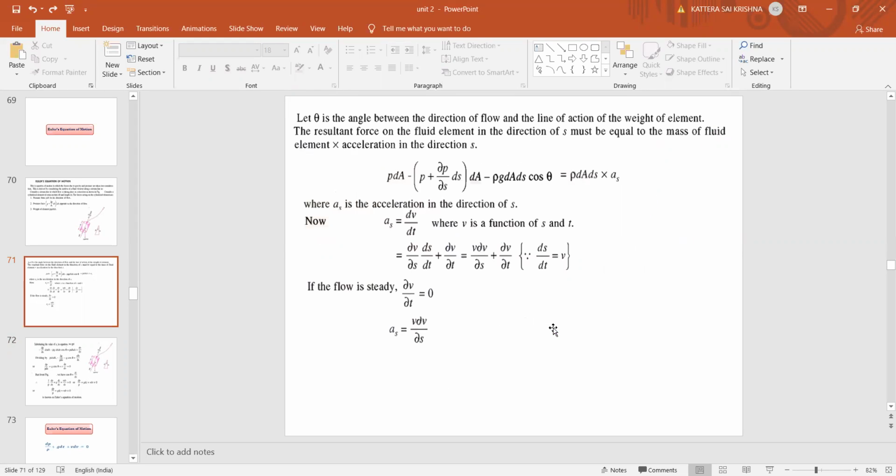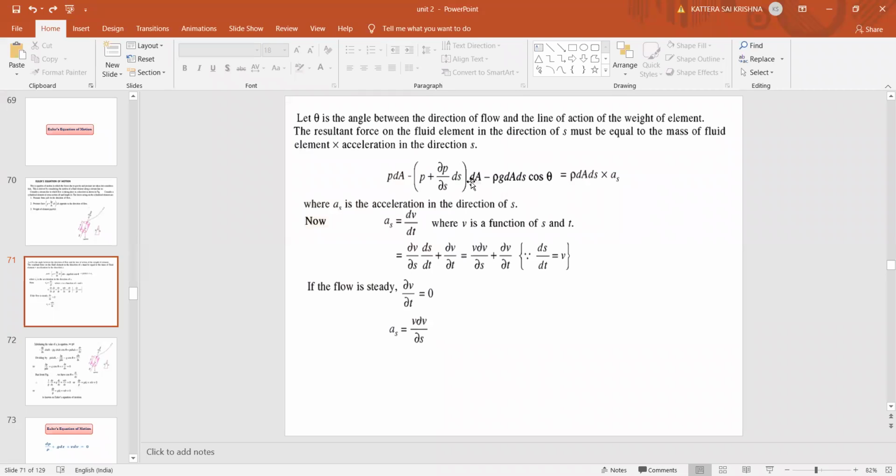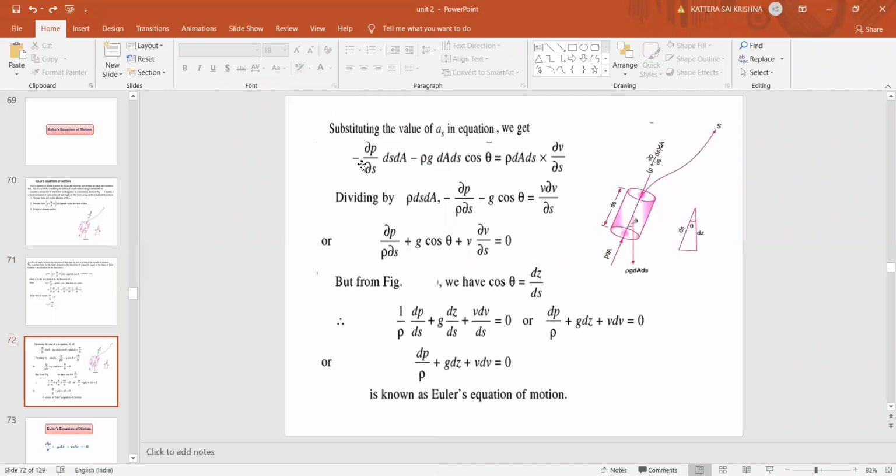So now what we will do, we are substituting the value of a_s in equation 1, this equation. So you will get this one. So directly P dA minus P dA is removed. So remaining terms are here: minus ∂P/∂s into ds dA minus rho g dA ds cos theta is equal to rho dA ds into, sorry, here v is missing, v ∂v/∂s.